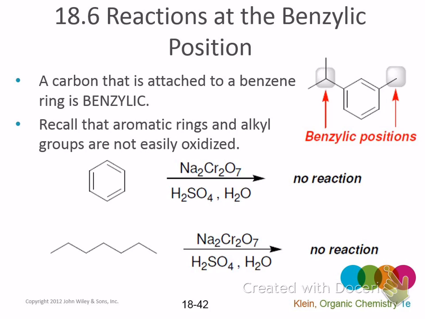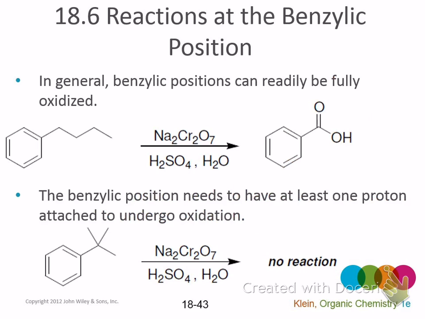So if you try to oxidize benzene, benzene's very stable, it doesn't react. That's Jones reagent, right? If you try to oxidize an alkane, a saturated hydrocarbon, no reaction. But if you try to oxidize an alkane attached to a benzene ring, it'll cleave at the benzylic carbon.